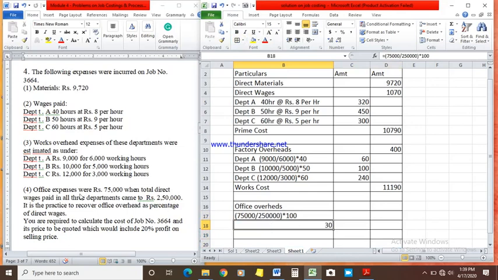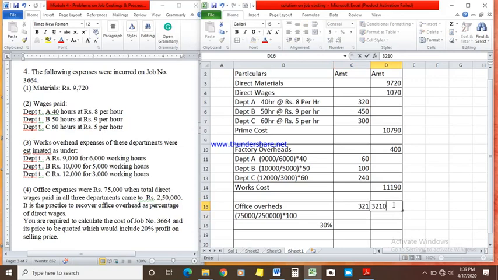of direct wages. I will just write it here, for those of you who have understood, with a percentage sign: 30% of direct wages. While calculating the office overhead, 0.30 into the total direct wages 1,070 comes to 321.